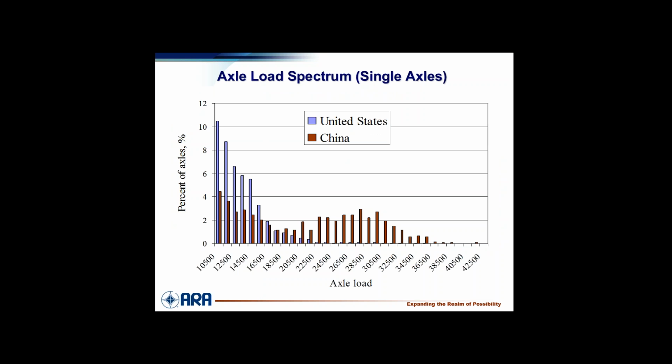They might have these legal limits, but they don't enforce them, so who cares? And there's a lot of pavement failures in China. And designers basically don't know that or don't design for that, because we're adding 10,000 pounds to the average axle weight in other countries than we're doing here.